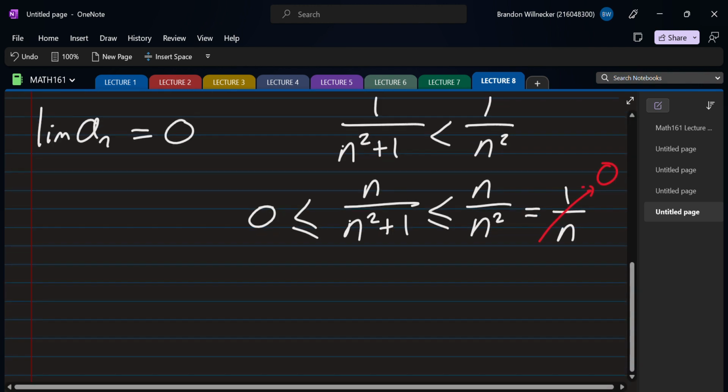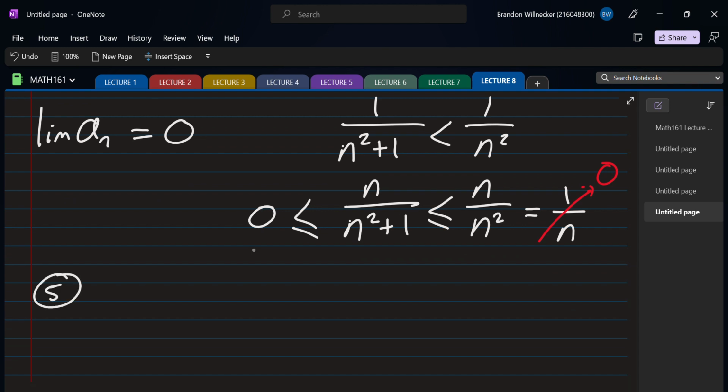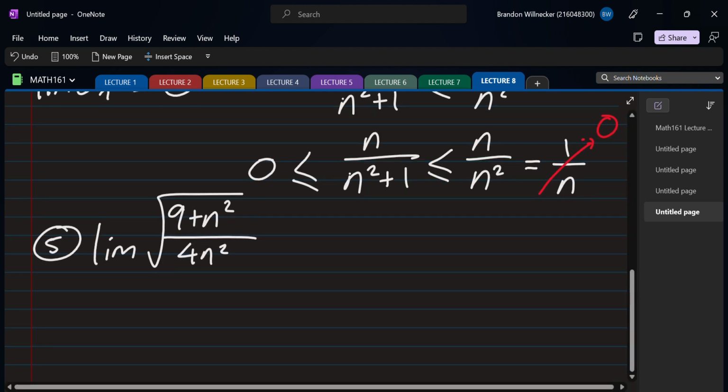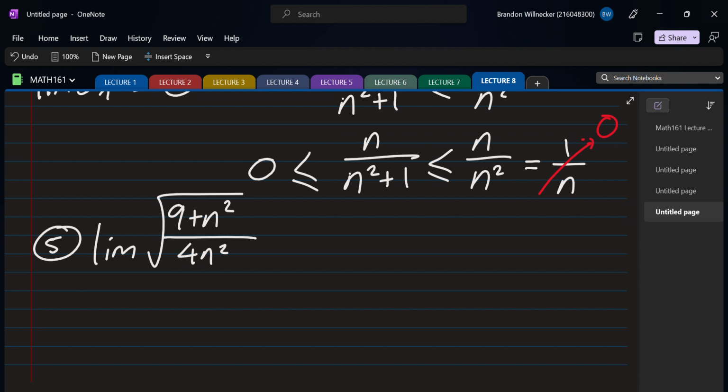Okay, last one for today, number 5. We're going to have the limit of the square root of (9 plus n squared) over 4n squared. Now the square root we know is a continuous function. So we've got the limit of a function of a sequence, and we can interchange the function and the limit.